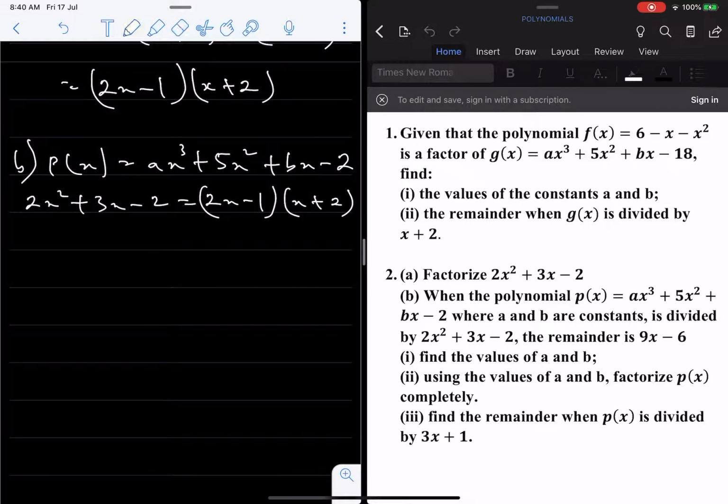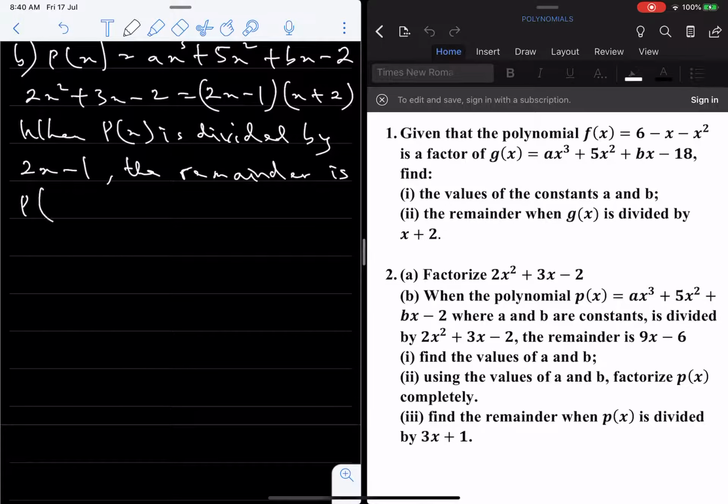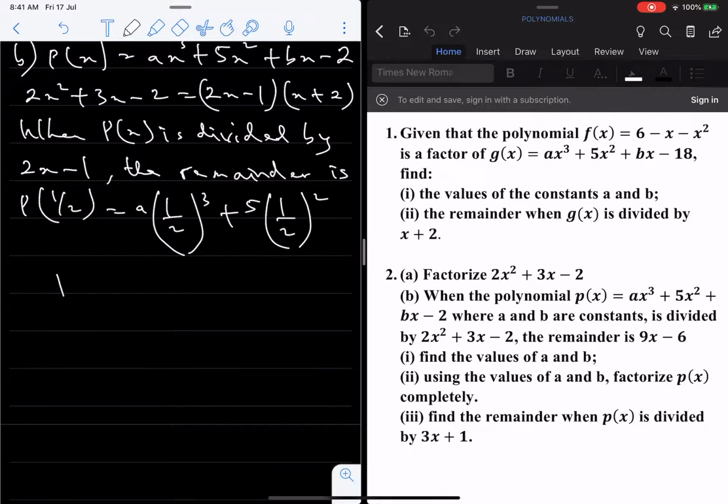So we say that when p of x is divided by 2x minus 1, the remainder is p of 1 over 2, which is equal to a times 1 over 2 cubed plus 5 times 1 over 2 squared plus b times 1 over 2 minus 2.